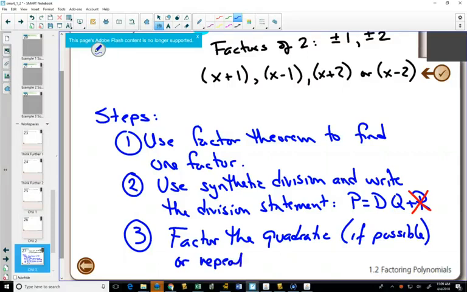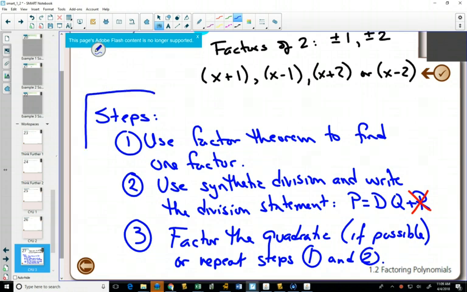Or you may have to repeat steps 1 and 2. If it's not a quadratic, if you started with an x to the 4, after doing synthetic division you end up with an x to the 3 function, you may have to repeat steps 1 and 2 until you break it down completely. So these are our steps.